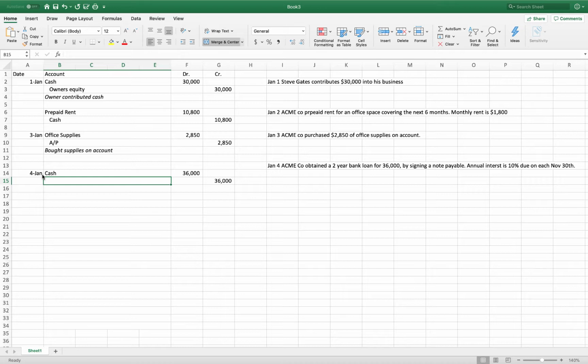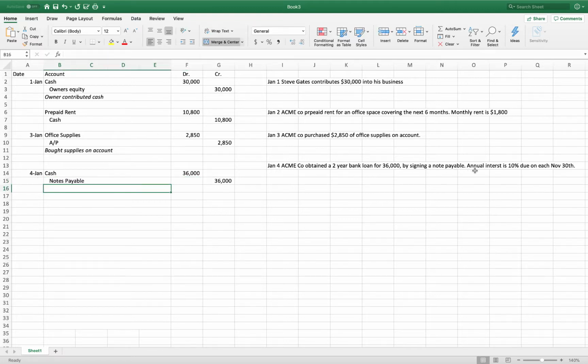I know I have a notes payable. I know a notes payable is a liability. How do I increase a liability? With a credit. So I'm going to indent. I'm going to come up here and hit my increase indent button, and I'm going to say notes payable. And I already got my $36,000.